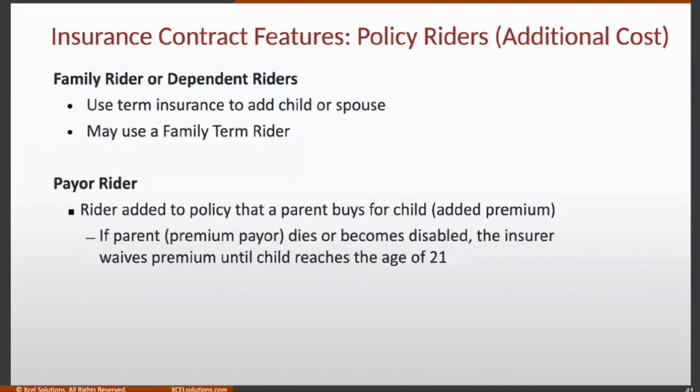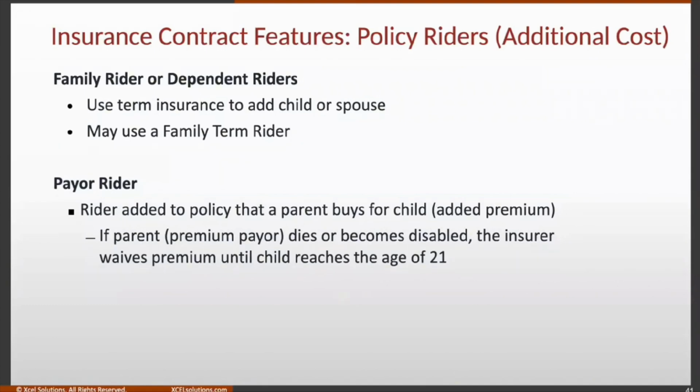Other additional riders that we can add, at an additional cost, are a family rider or dependent riders. We call it a family rider when we add one rider on there for all other family members. So many times you're talking to a family unit who wants some insurance protection on every member of the family unit, but they don't have a lot of money to spend. So the cheapest way to insure every member of the family unit is by figuring out who brings the greater amount of income into the household.